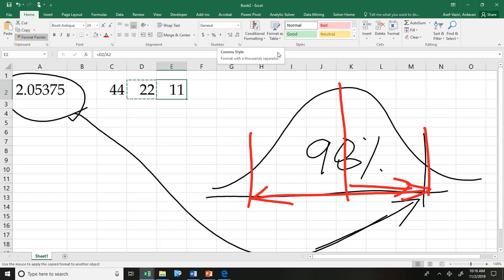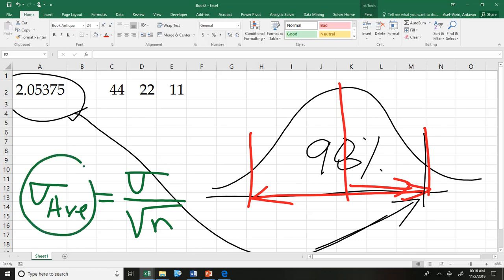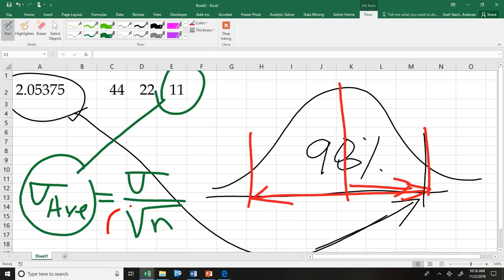There is a simple relationship between the standard deviation of the average and the standard deviation of the sample. Standard deviation of average is equal to standard deviation of sample divided by square root of n, where n is the sample size. I do have this one, which is close to 11. I do not have n, and that is what I am looking for.